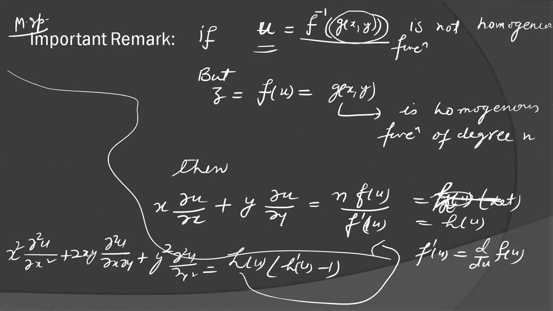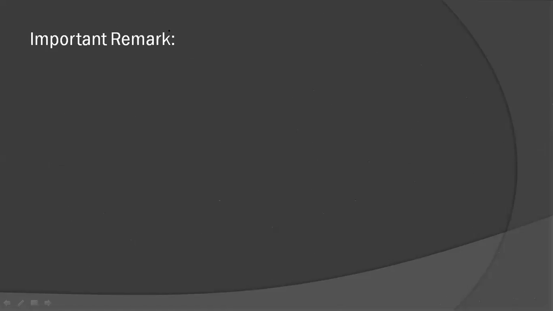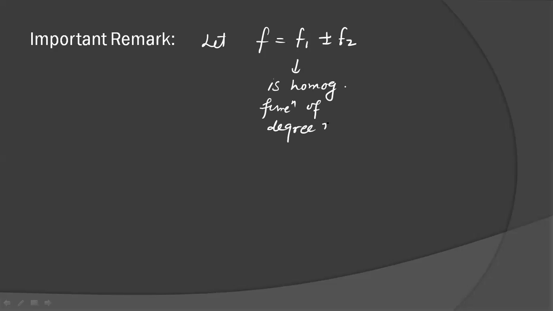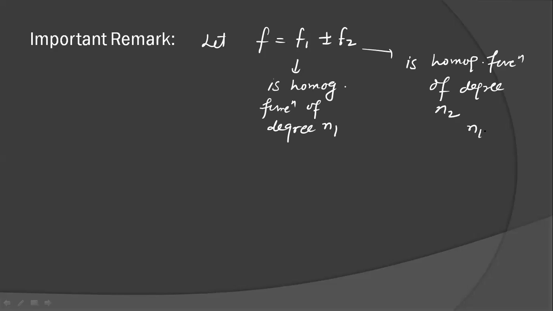We have one more remark. Let f equal to f1 plus or minus f2, where f1 is a homogeneous function of degree n1, and f2 is a homogeneous function of degree n2, and n1 and n2 are not the same.